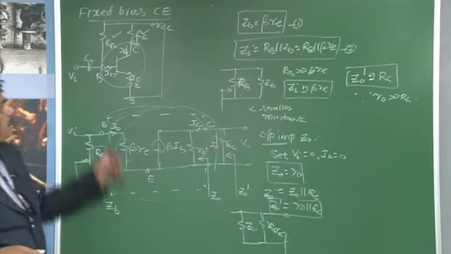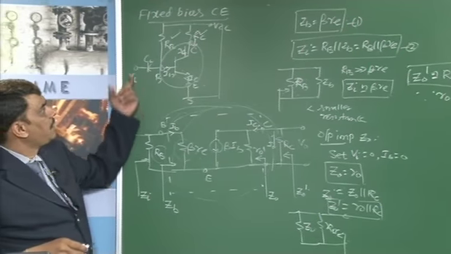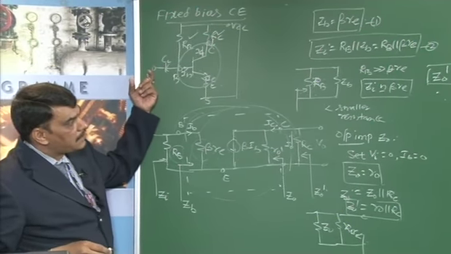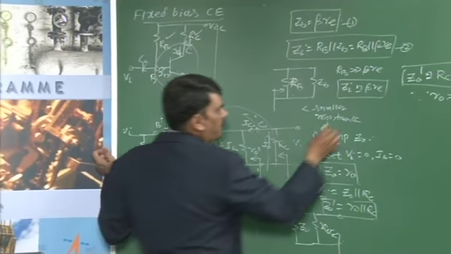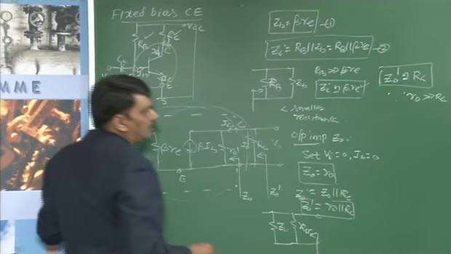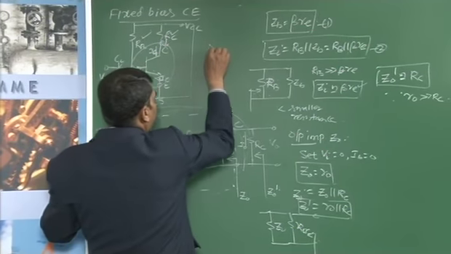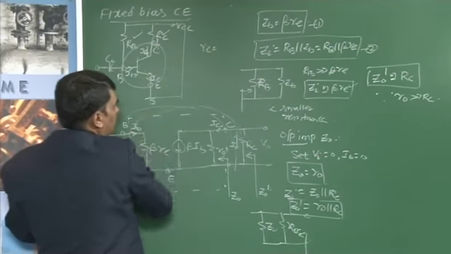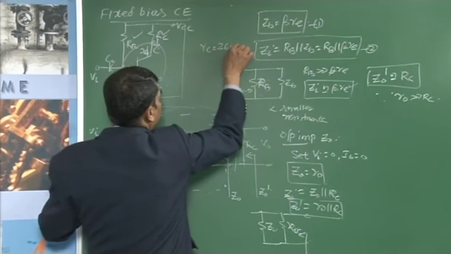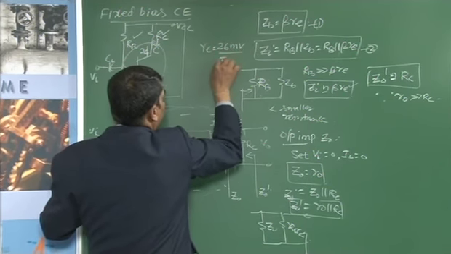If you are conducting an experiment in your laboratory, using either a fixed bias circuit or a voltage divider biasing circuit, your input impedance is approximately equal to beta times Re, and beta is already defined. The resistance Re is obtained by calculation, because it is a diode resistance, given by 26 millivolts divided by IE.